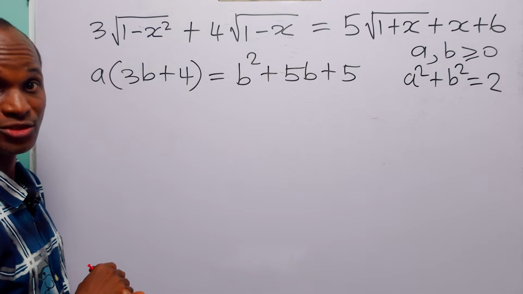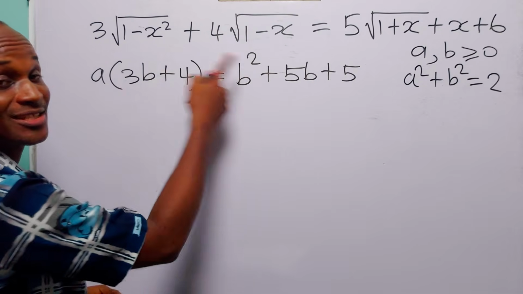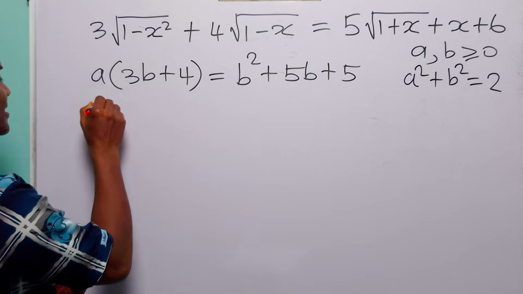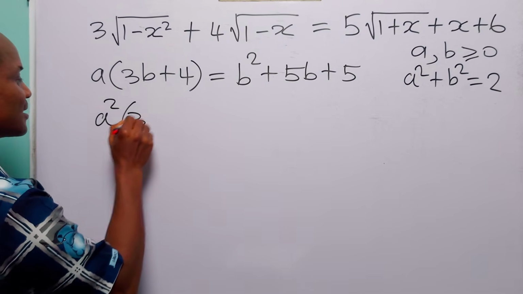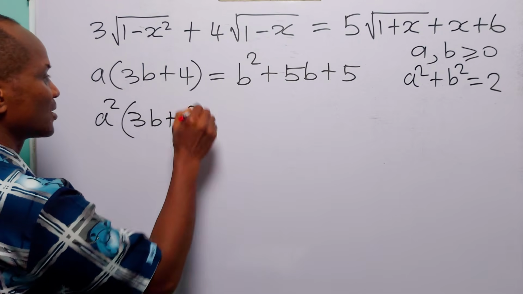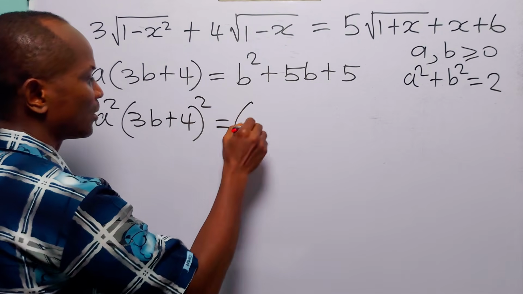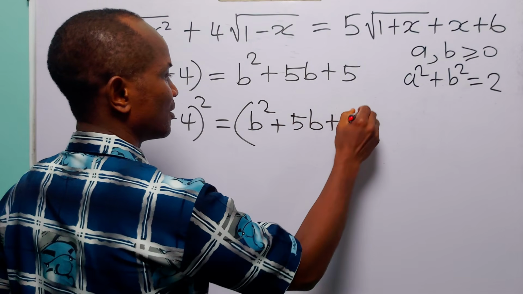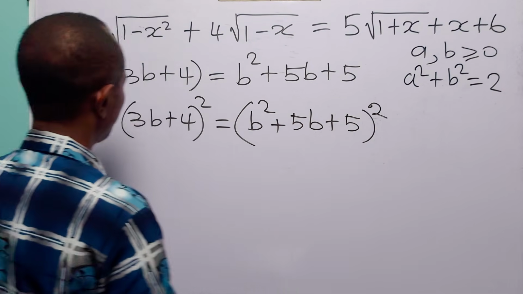Now, the next thing we are going to do is that we will square both sides of this equation. Of course, when we do that, we have that a squared times 3b plus 4 squared is equal to b squared plus 5b plus 5 squared.